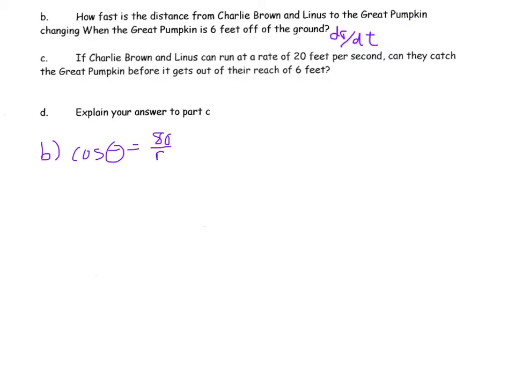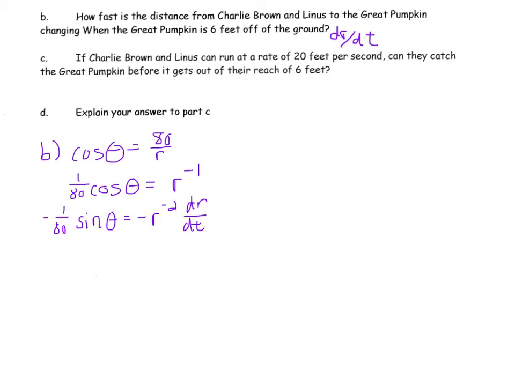Or I can say that 1 over 80 cosine theta equals r to the -1. And this should be a little bit easier to take the derivative of. So the derivative of the first side of the equation would be -1 over 80 sine theta equals -r to the -2 dr dt.